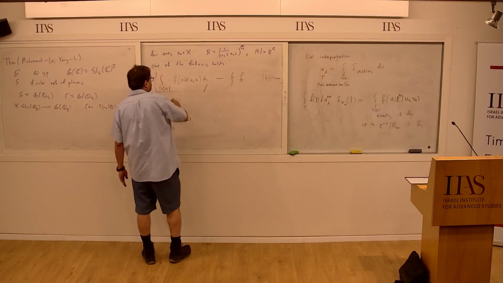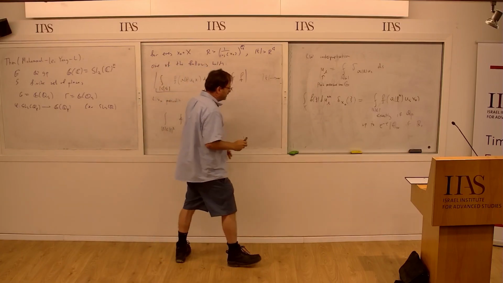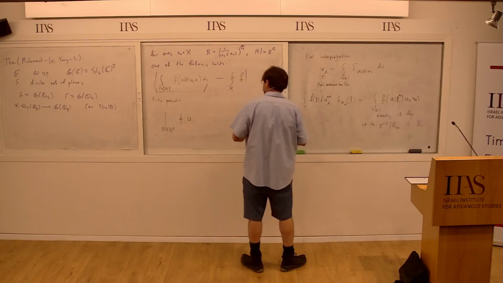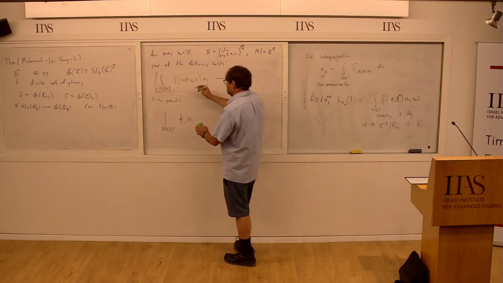One of them is that you have equidistribution for this orbit.